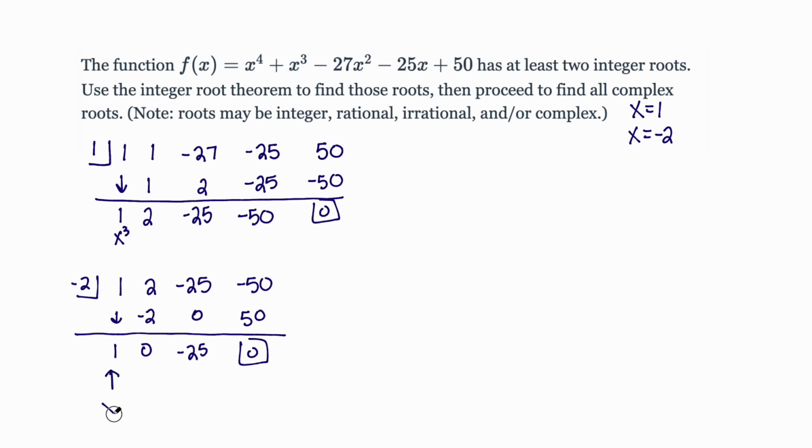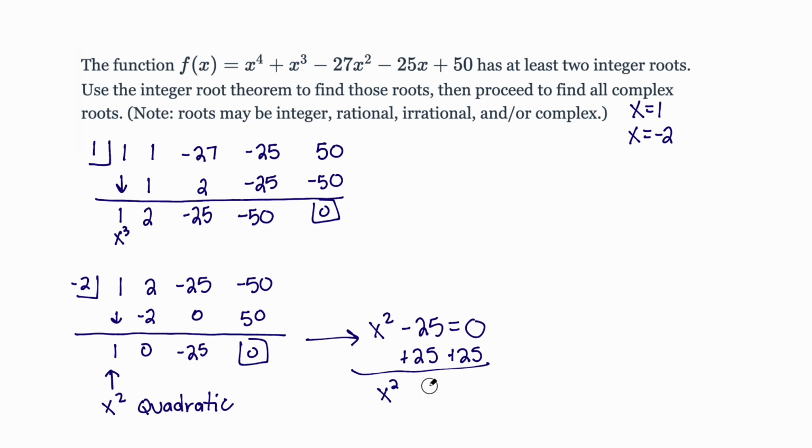Now we are down to an x squared, which is a quadratic. Now we can find our other answers. So I'm going to write this as a quadratic, and now I'm going to solve. Because x only has one term, I can go ahead and just add 25 to both sides.